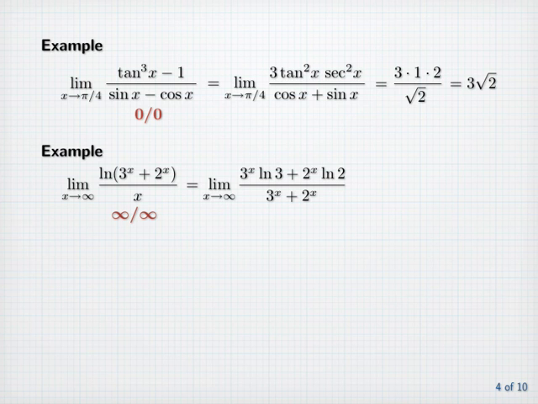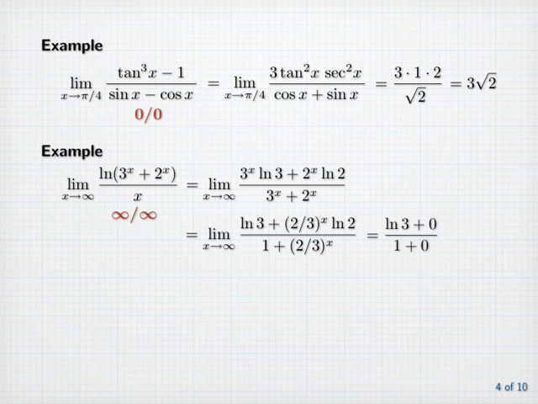Let's simply divide the numerator and denominator by 3 to the x. That gives us the limit as x goes to infinity of log 3 plus (2/3) to the x times log 2, divided by 1 plus (2/3) to the x. Now we know that since 2/3 is between 0 and 1, (2/3) to the x approaches 0 as x goes to infinity. So we have natural log of 3 plus 0 over 1 plus 0, or the natural log of 3.